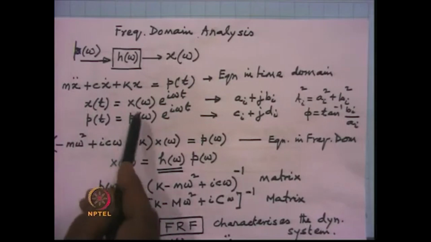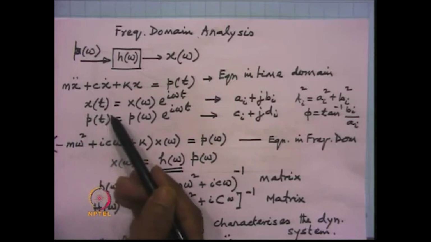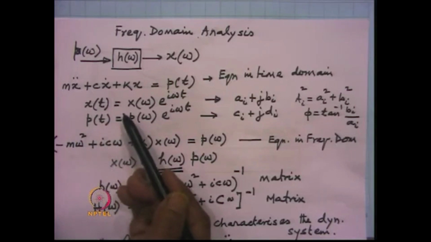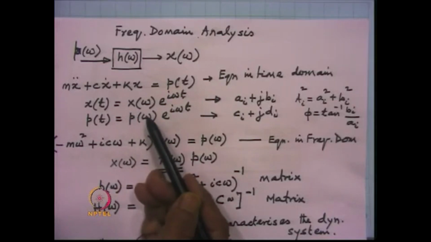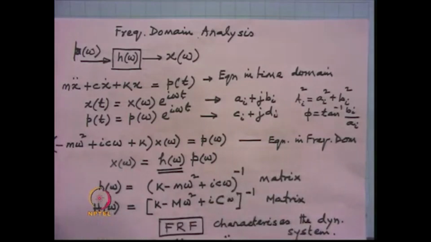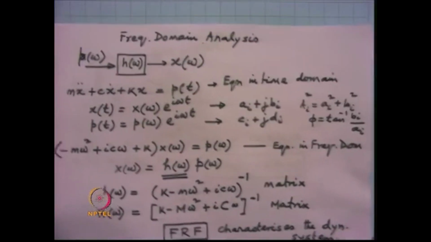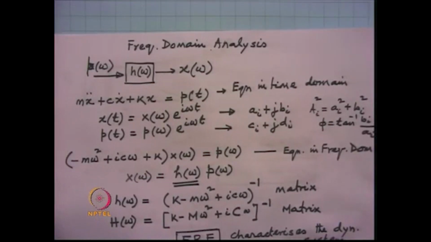Therefore, any function x(t) can be broken up into a number of harmonics. Each harmonic has an amplitude and a phase angle. All these things we discussed in detail while discussing the FFT and the Fourier synthesis of time histories.